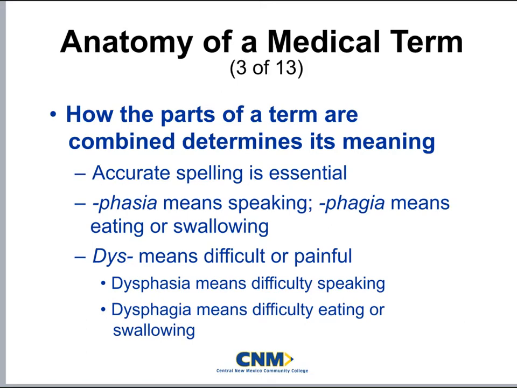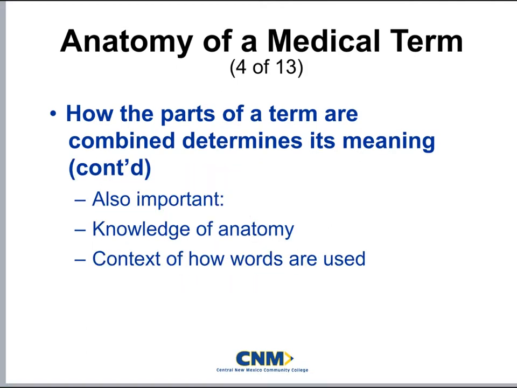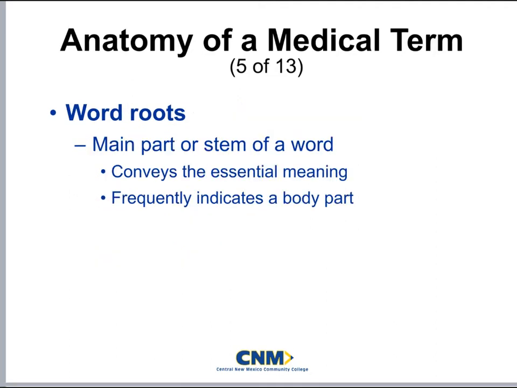Dysphagia means difficulty eating or swallowing. So you can see if you spell that word incorrectly or you mean to use one word instead of the other, you can communicate something different is wrong with your patient. How the parts of a term are combined determines its meaning. It's also important to have a knowledge of anatomy and a context of how the words are used.